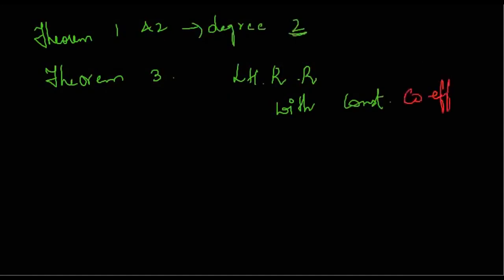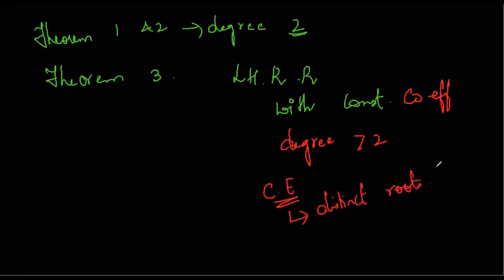But now we have linear homogeneous recurrence relations with constant coefficients where the degree is greater than 2, under the assumption that the characteristic equation has distinct roots. Then for this we will use theorem 3.